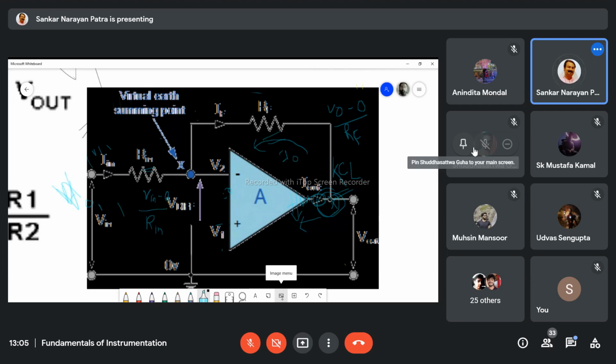So this is current entering, this is current entering, and this is 0. That means the sum of entering current equals the sum of leaving current, right? What is Kirchhoff's current law? So I0 will be minus of Iin.